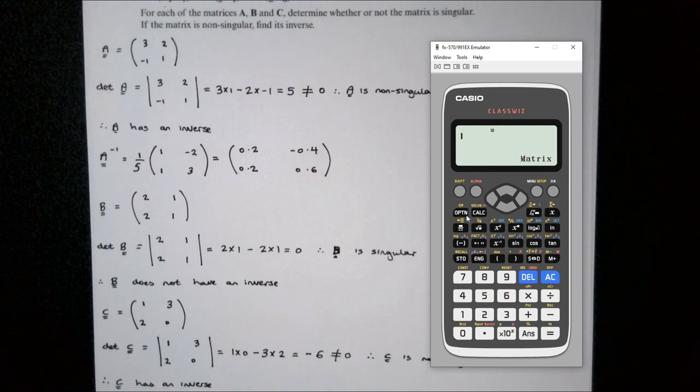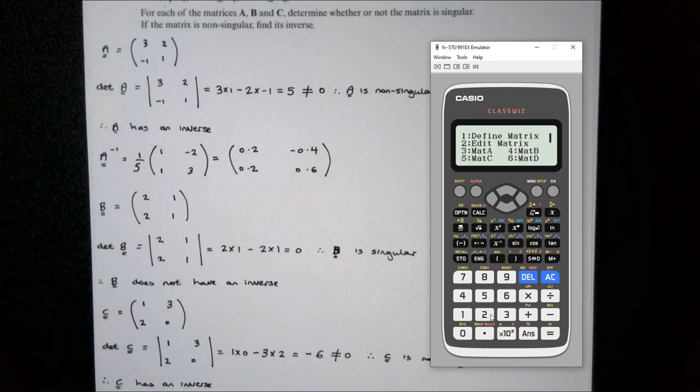Now if we define matrix B to be 2 rows, 2 columns, type in the elements, we have 2, 1, 2, 1. If we load up matrix B and raise this to the power of -1, you can see we get a math error. So B does not have an inverse.